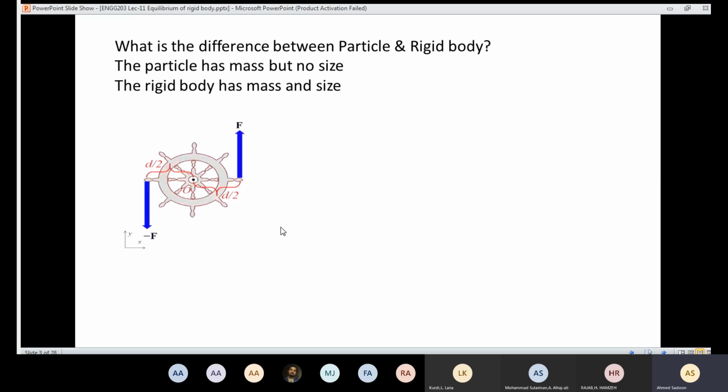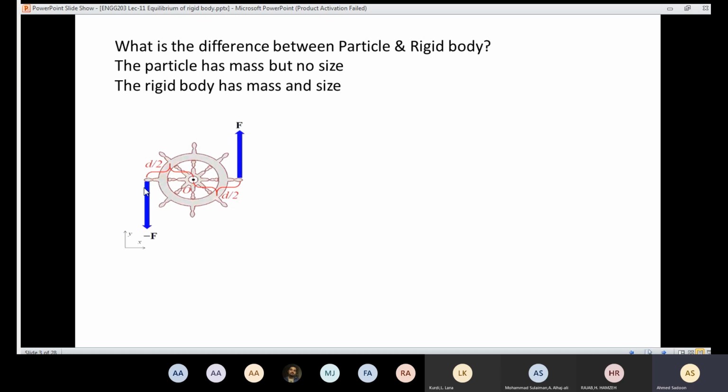And the rigid body here should be in equilibrium because the summation of the forces should equal 0. But this is not a particle. If that was a particle, then you are going to say the summation of the forces is going to equal 0 and the particle is in equilibrium.